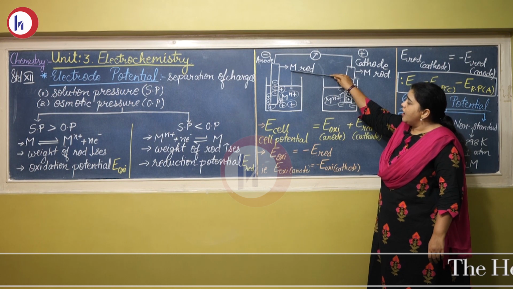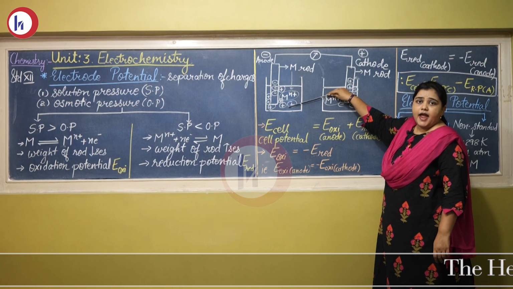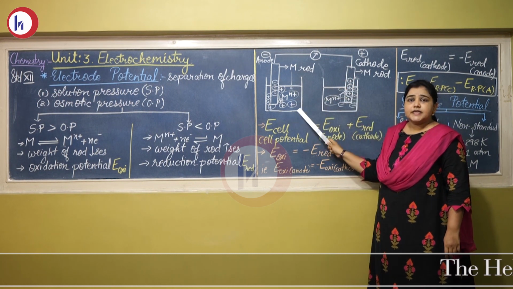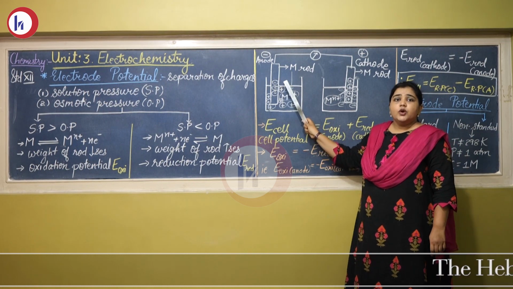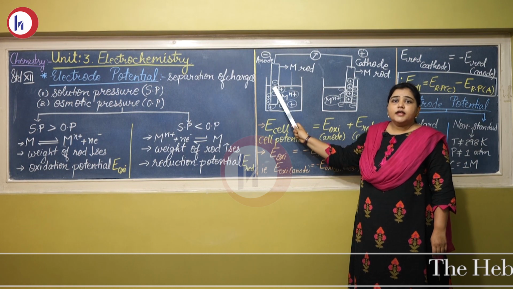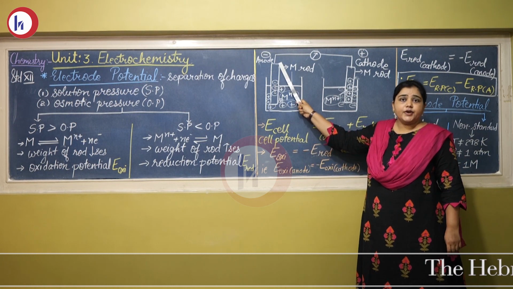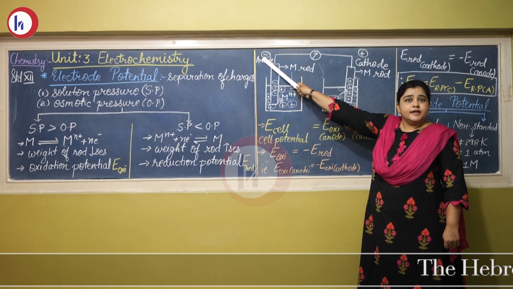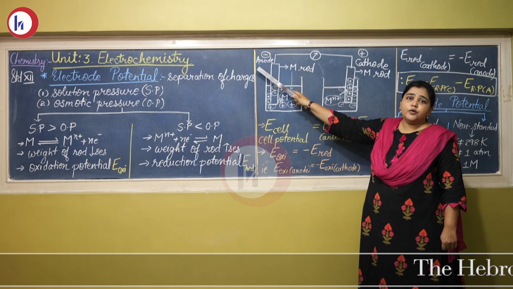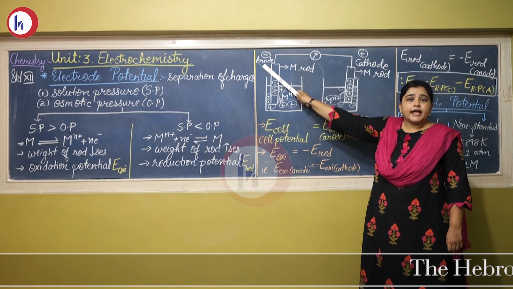zinc electrode undergoes oxidation and there is accumulation of Zn2+ ions within the solution, and the electrons that are released will get accumulated on the electrode, making this electrode negatively charged, and hence the symbol that is given to anode is minus, and we say that the anode in an electrochemical cell is negatively charged.